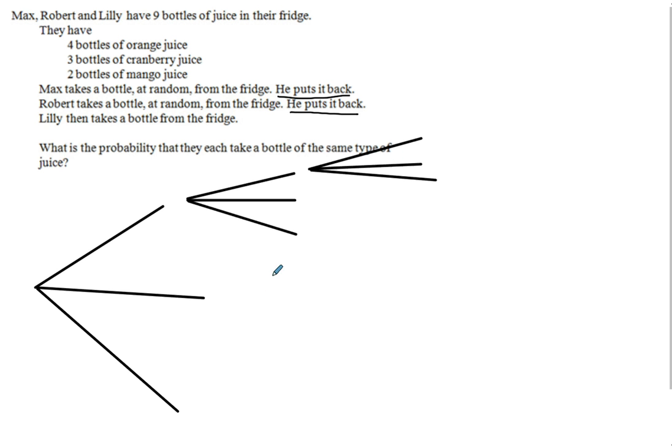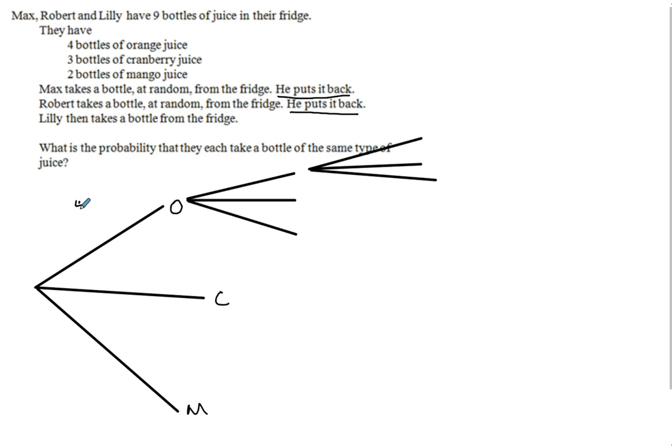So again, you can see it can get really complicated. We'll have a branch there, and then a branch there, and then we'd have 3 branches coming out here, and it's also complicated. So let's just do that bit there and figure out what's going to happen to these 2 branches. Okay, so the probability of orange, cranberry, and mango.